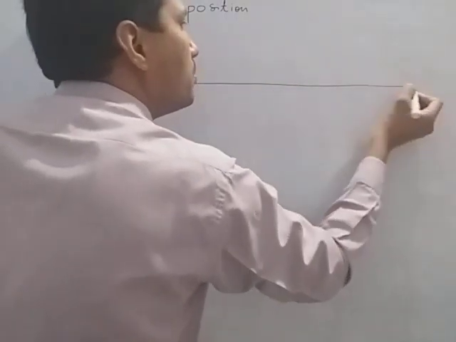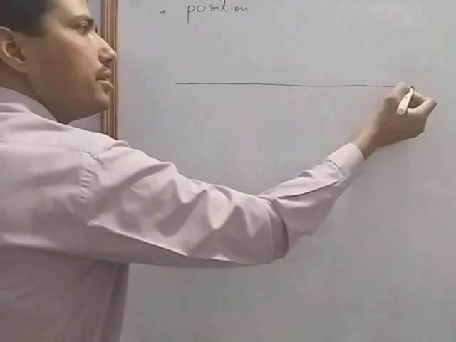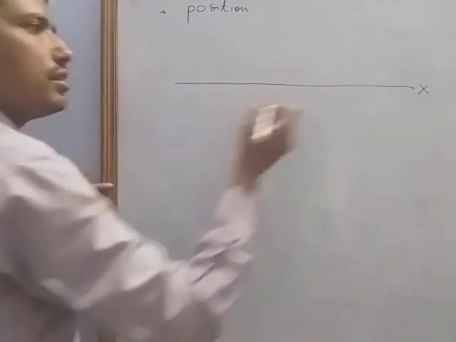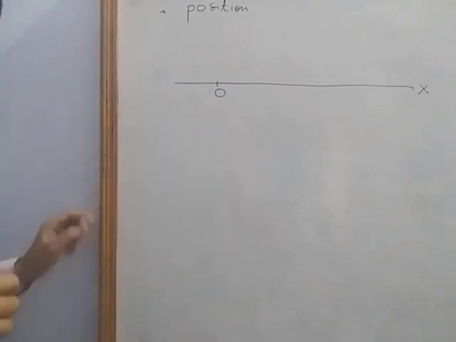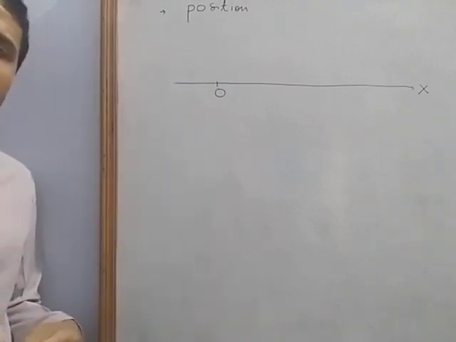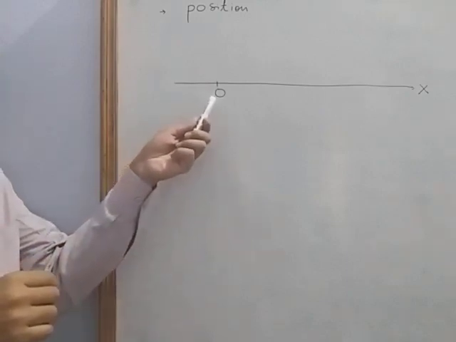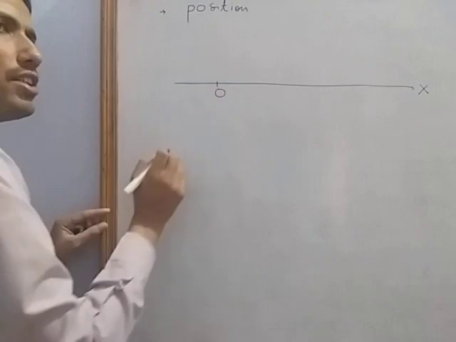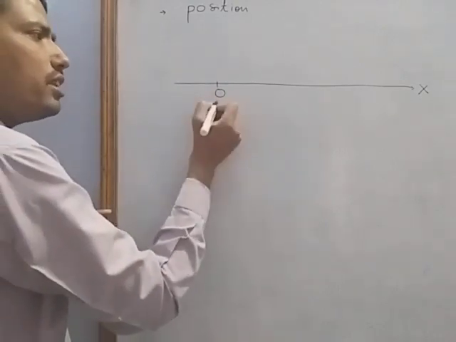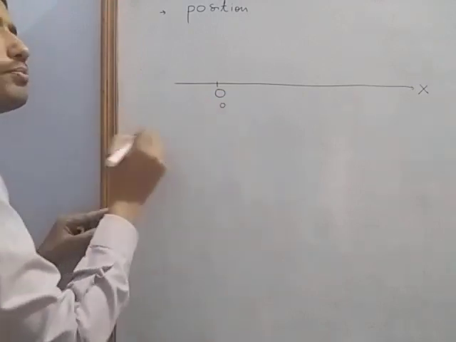Do you remember the number line, students? Suppose this is the x-axis. To find the position of a body, the first thing that we need to understand is the choice of origin or a reference point. So this is our origin, which we write as O, and its position we assign the value 0, x is equal to 0.